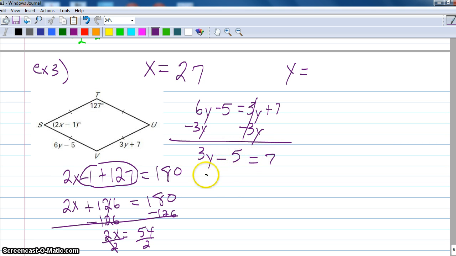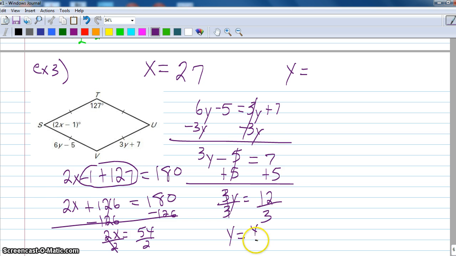Then you get rid of the 5, which is negative, so you put plus. Seven plus 5 is 12. And now we divide each side by 3. That is y equals 12 divided by 3 is 4. X is 27, y is 4.